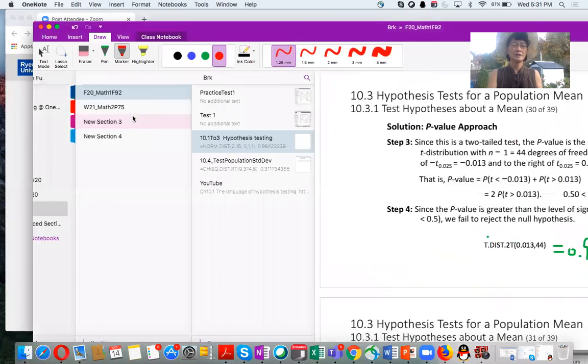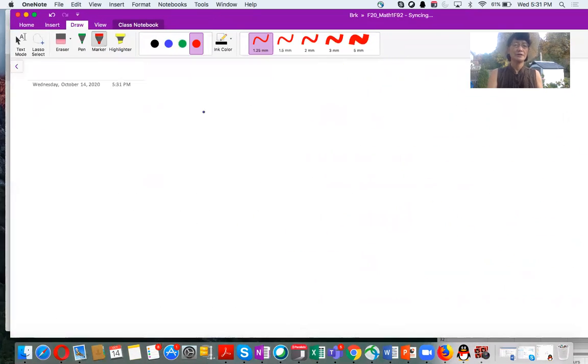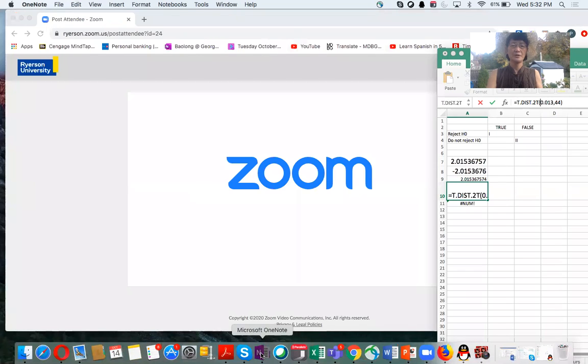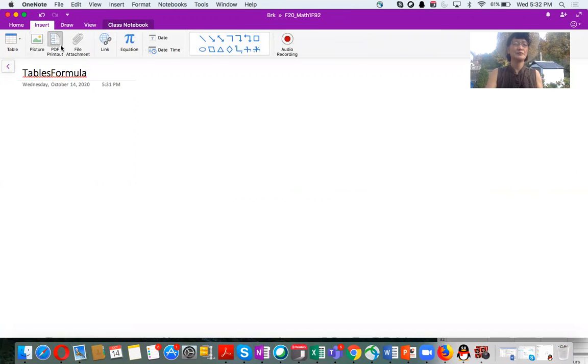I will create a page called Tables and Formulas. So what I'm trying to do, try to figure out the p-value tables, formulas. So I'm going to insert that PDF file.